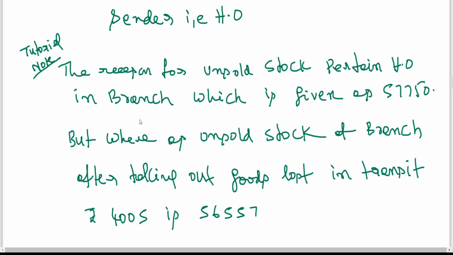That portion of which is given as 57,750, but whereas unsold stock at branch after taking out goods lost in transit 4,005 is 56,557.